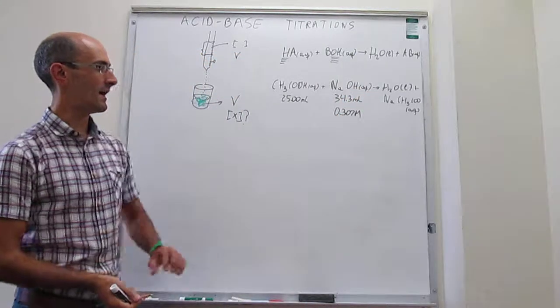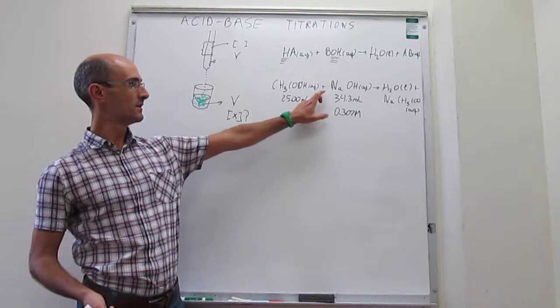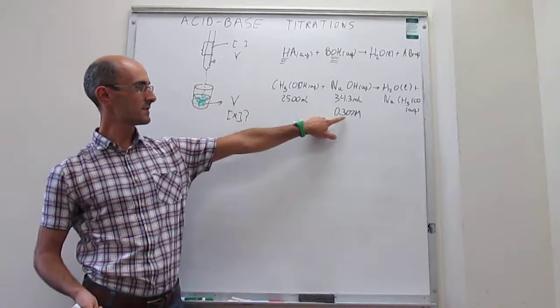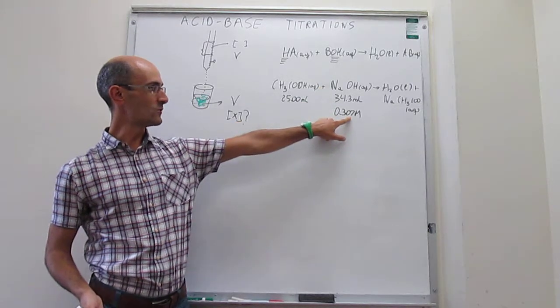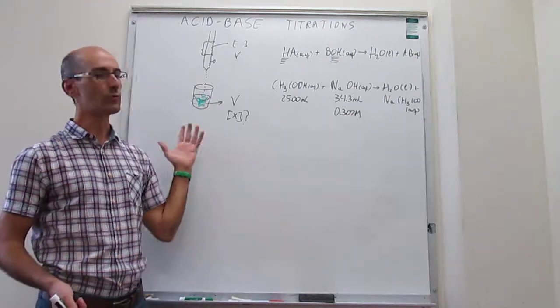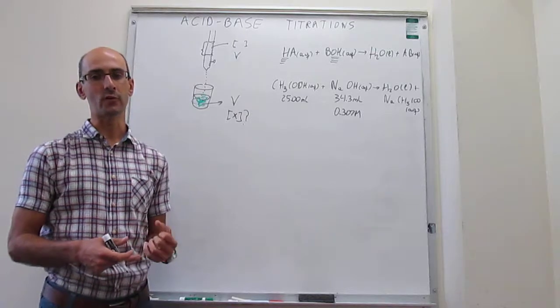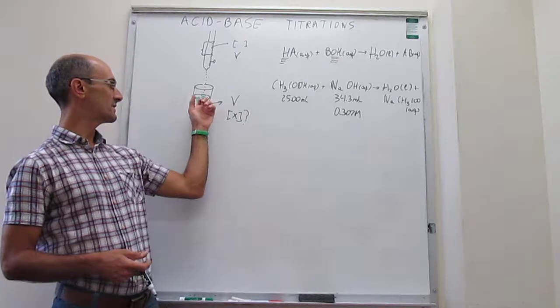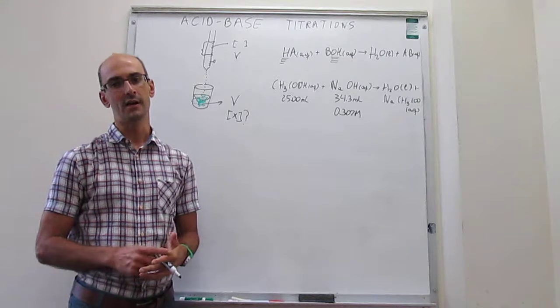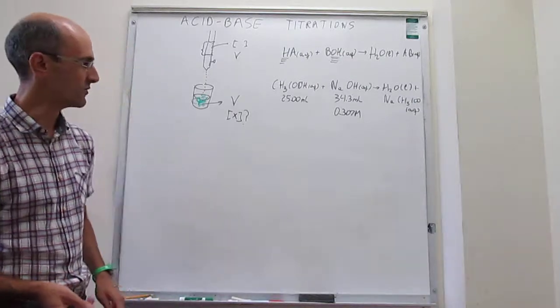So when you add 34.3 mL of the 0.302 molar sodium hydroxide base, you reach the equivalence point. The question is, how can you use this to determine the molar concentration of the acetic acid, which is your analyte?